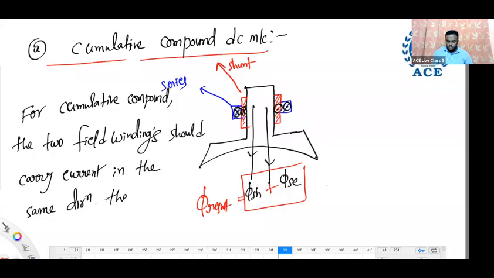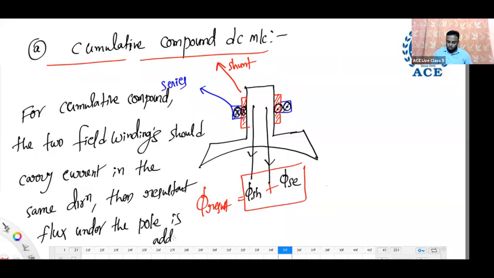Then the resultant flux under the pole is additive. The resultant flux under the pole is additive.